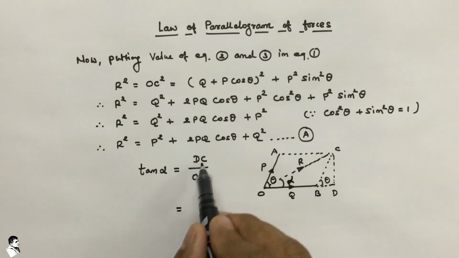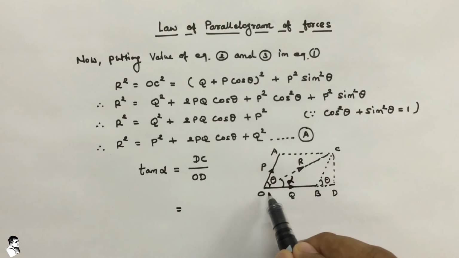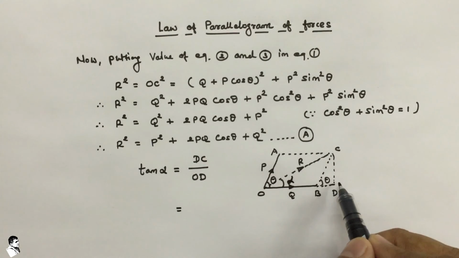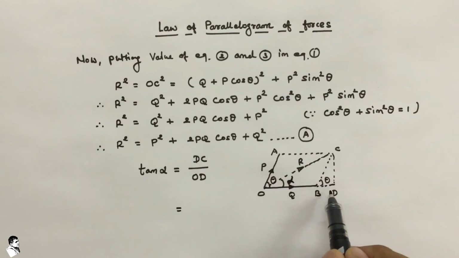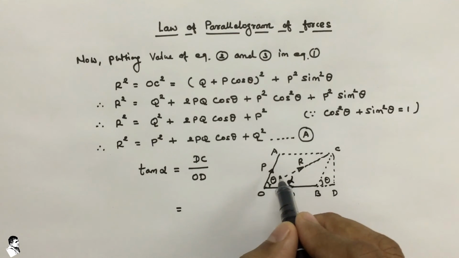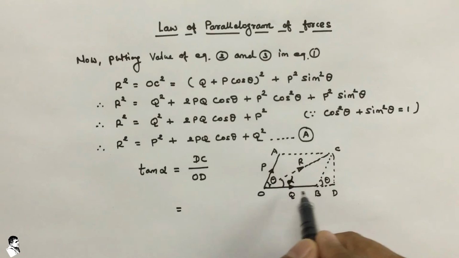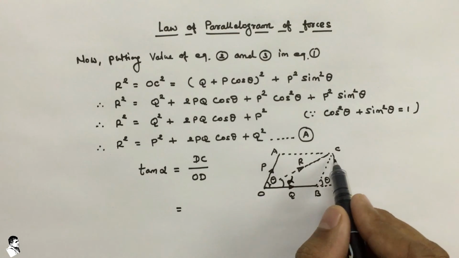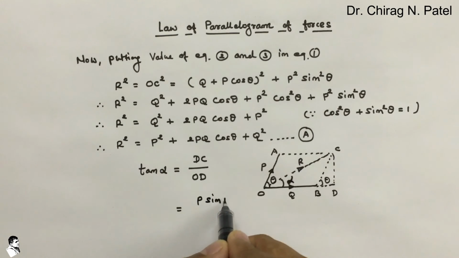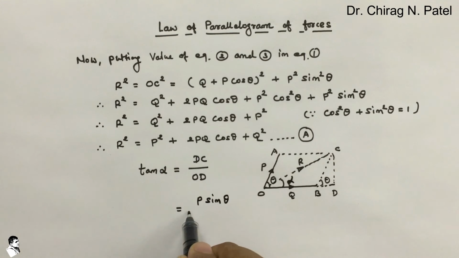So tan alpha is equal to the vertical line DC over the horizontal line OD. The value of DC is P sin theta, which we proved earlier. Now what is OD?